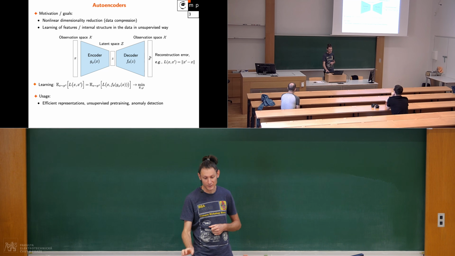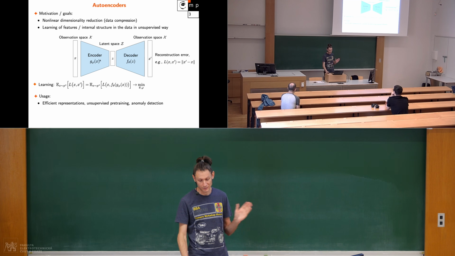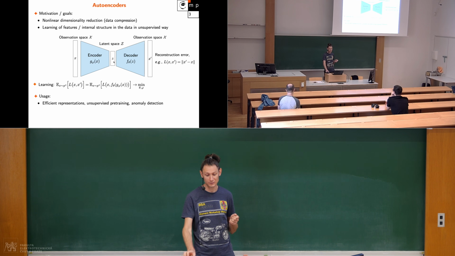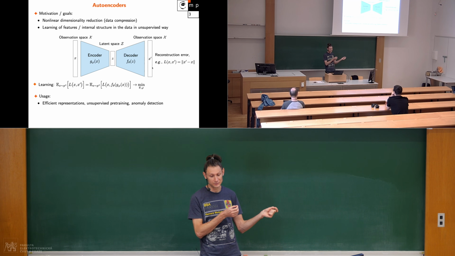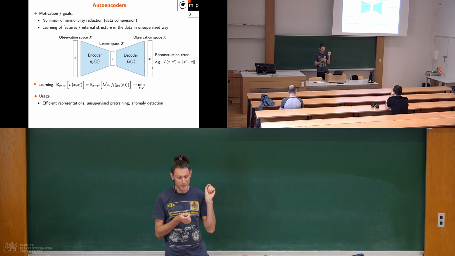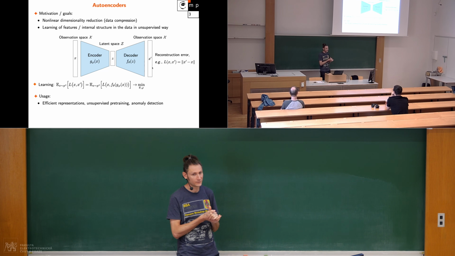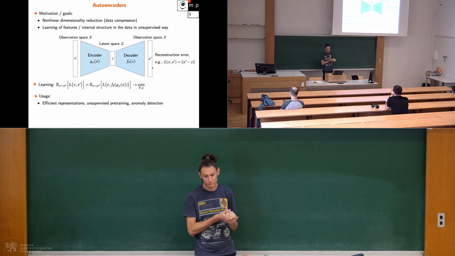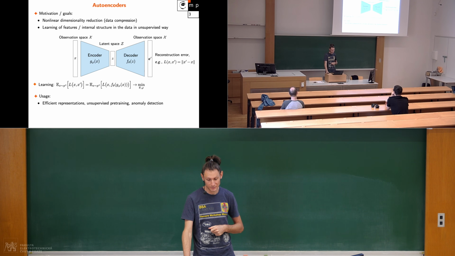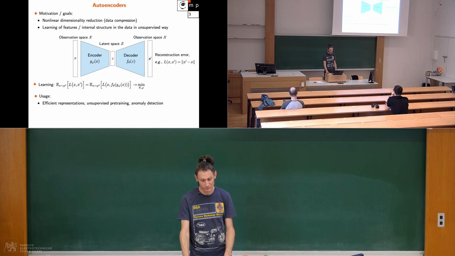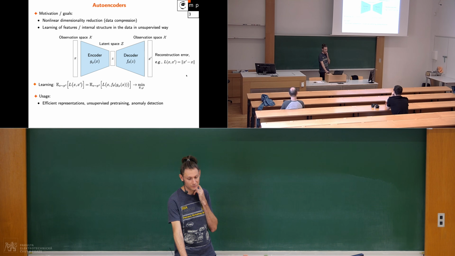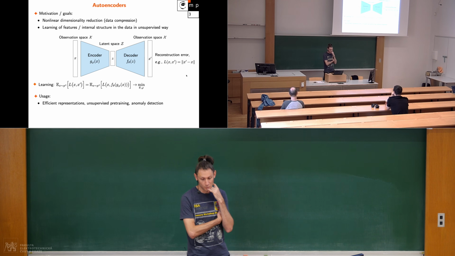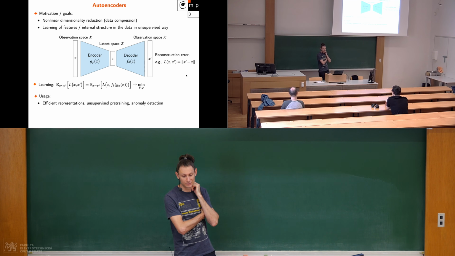So we have two mappings: the encoder mapping that takes the data and puts it in this latent space, and the decoder mapping which tries to reconstruct from this latent representation exactly the data as we had it. The reconstruction loss could be different depending on the context, but most commonly it's the Euclidean distance between the input image and the reconstructed image, or maybe the squared norm. If the image is binary, it could be binary cross entropy or something.